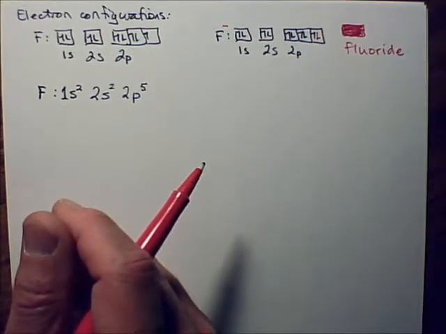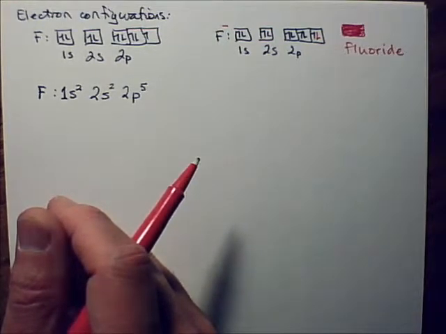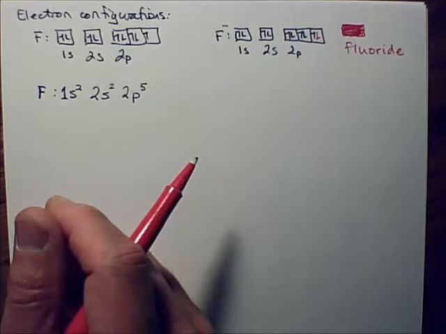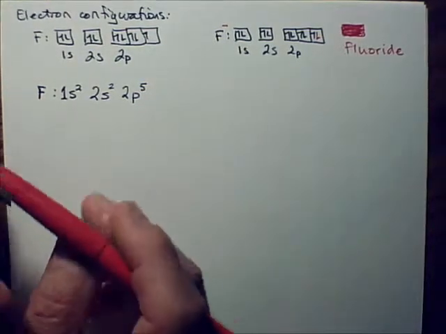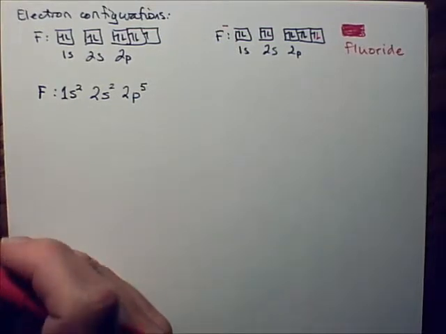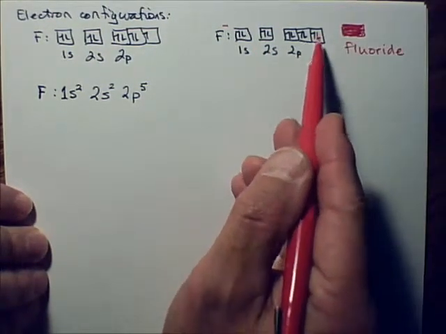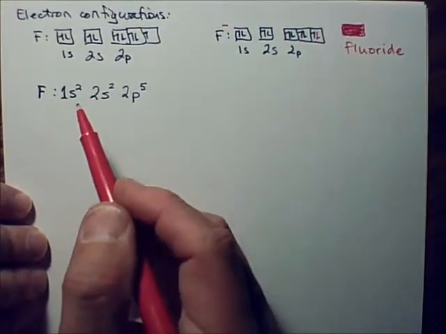So how many electrons is oxygen going to want to have? No, it's going to want to have 10 too, to be full up. If I have 9, I'm going to still have an empty place over here.